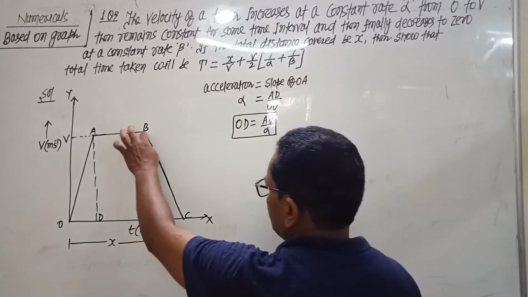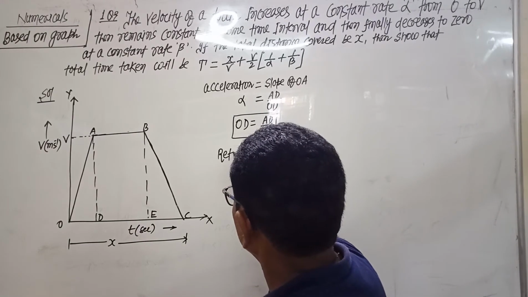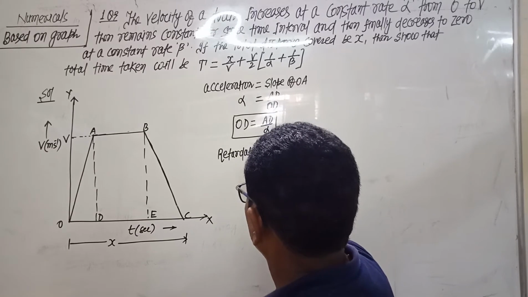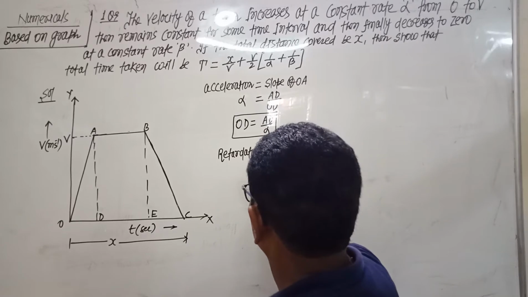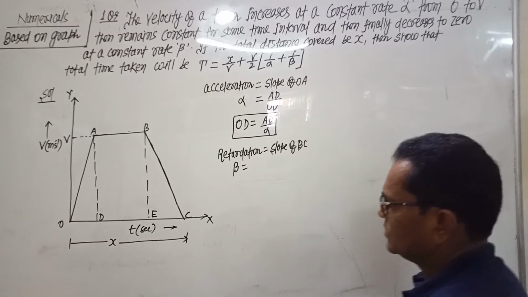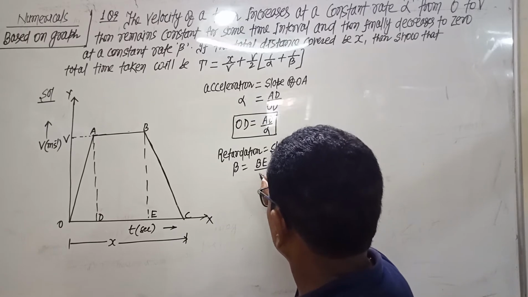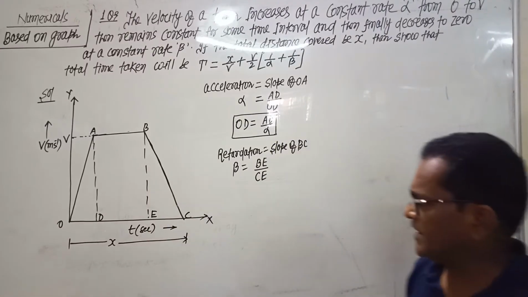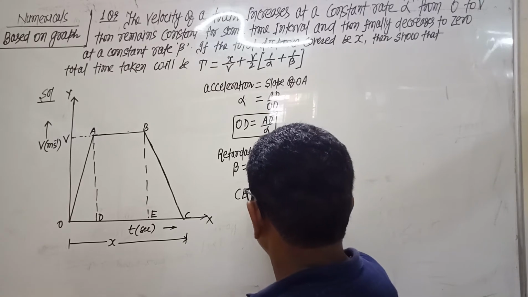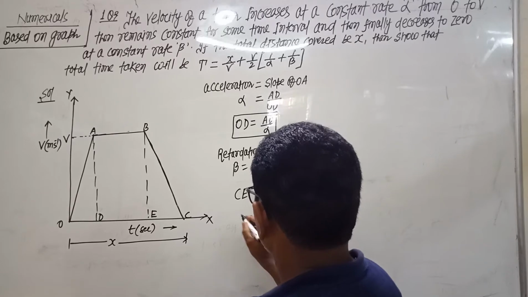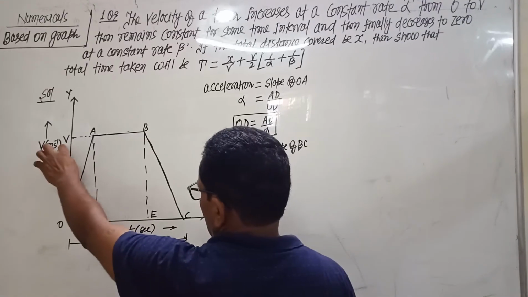Now we will find the retardation in the segment from B to C. So retardation equals the slope of BC, and retardation is given as beta. The slope of BC is BE, perpendicular, upon the base CE. So CE equals BE upon beta, and BE can be written as v.